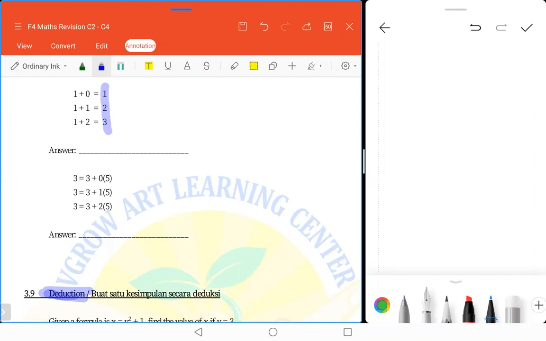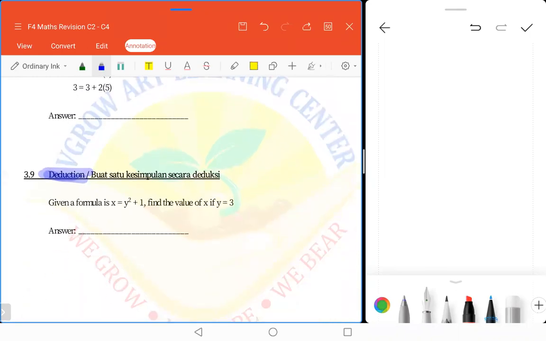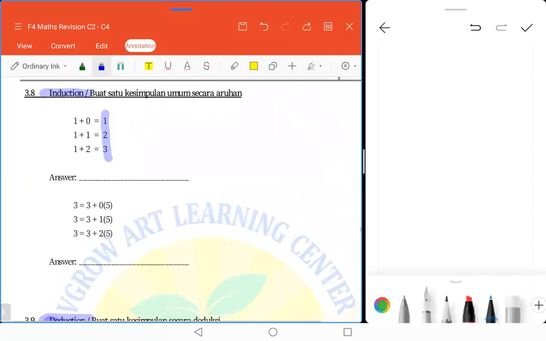So the answer is given. That means you need to create the formula yourself. If the question gives you the formula already, then you find the answer. That is deduction. Induction means you try to create a formula.